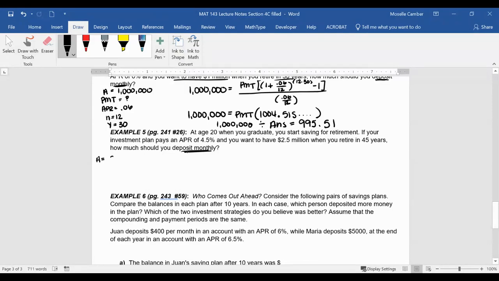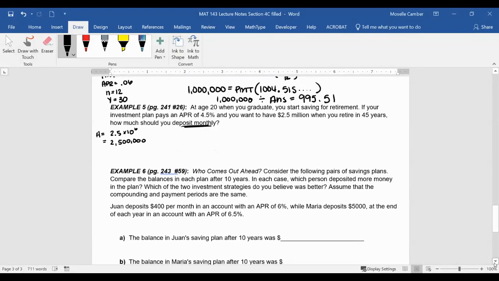So you can either put 2.5 times 10 to the 6, because we know that million is 6, or you can go ahead and write it out. Either way is fine. It doesn't matter.